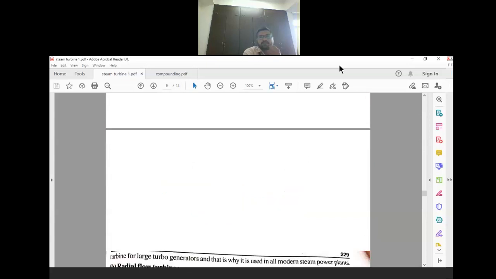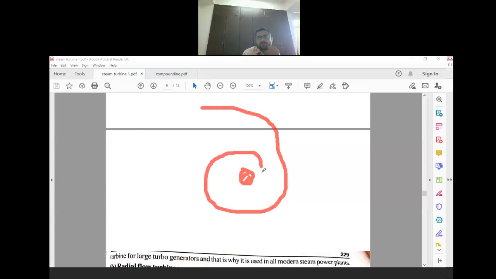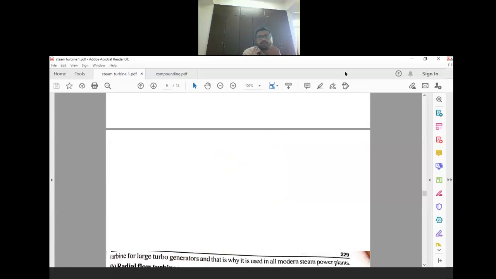So in radial, suppose this is your shaft, and steam is coming this way. This type will be known as a radial turbine. Clear? Then after we will discuss the tangential turbine.